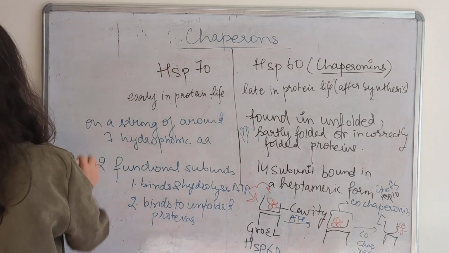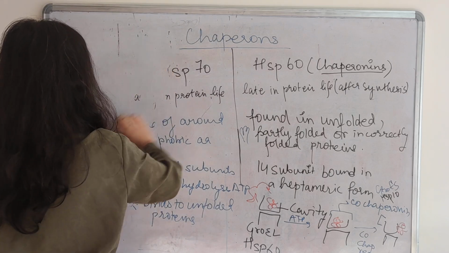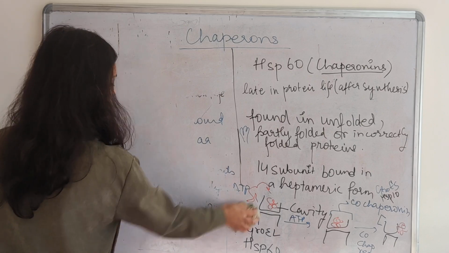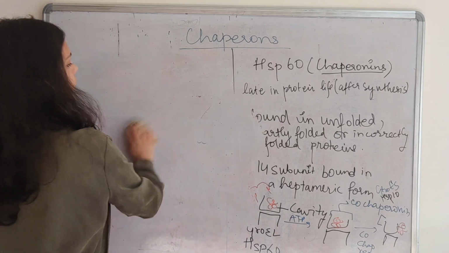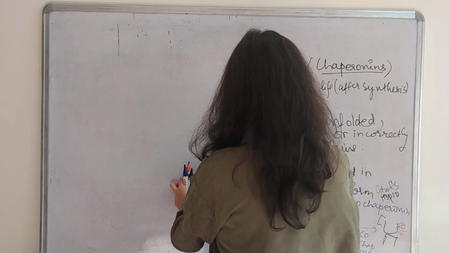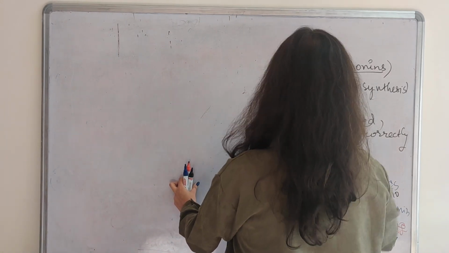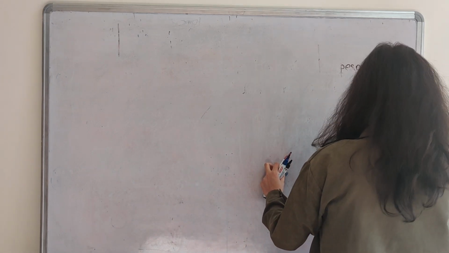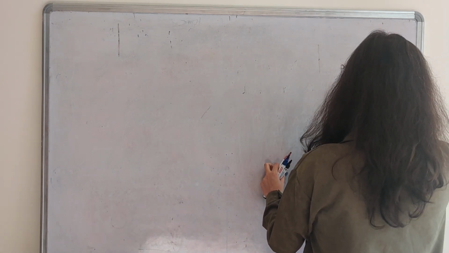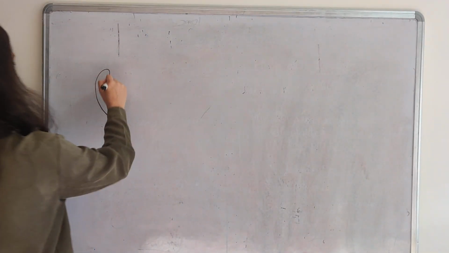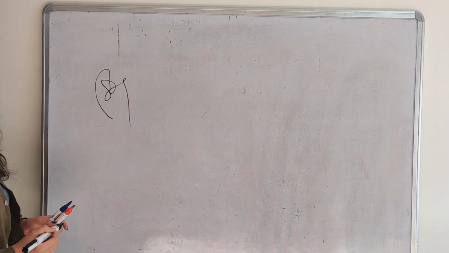So the steps in protein folding, and one intermediate is formed. And what is that intermediate? This is your not folded protein.